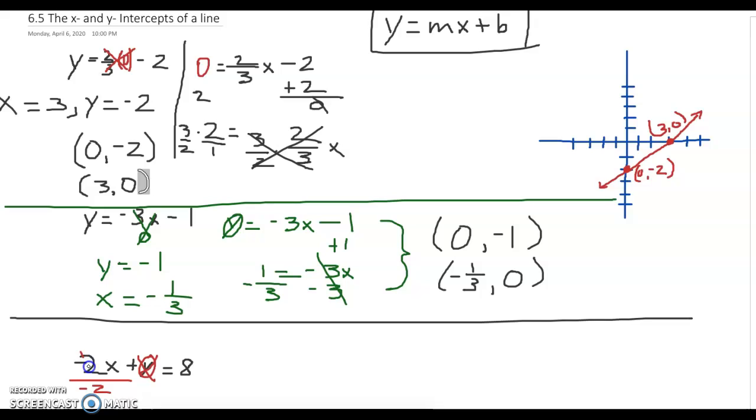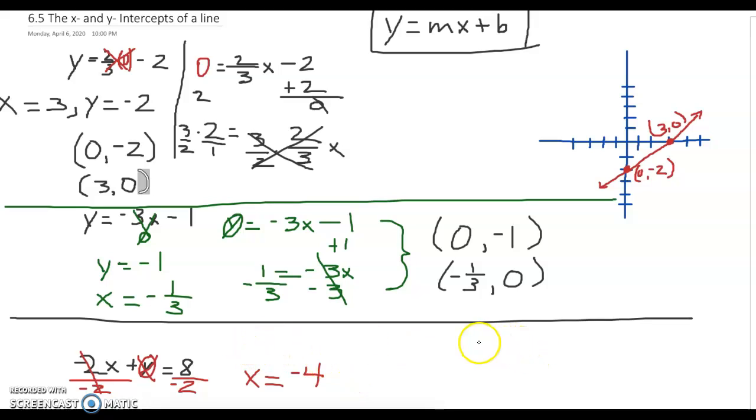So it cancels out. So you have to do it over here now. And then you're going to go 8 divided by negative 2, which will then give you x will now equal negative 4.